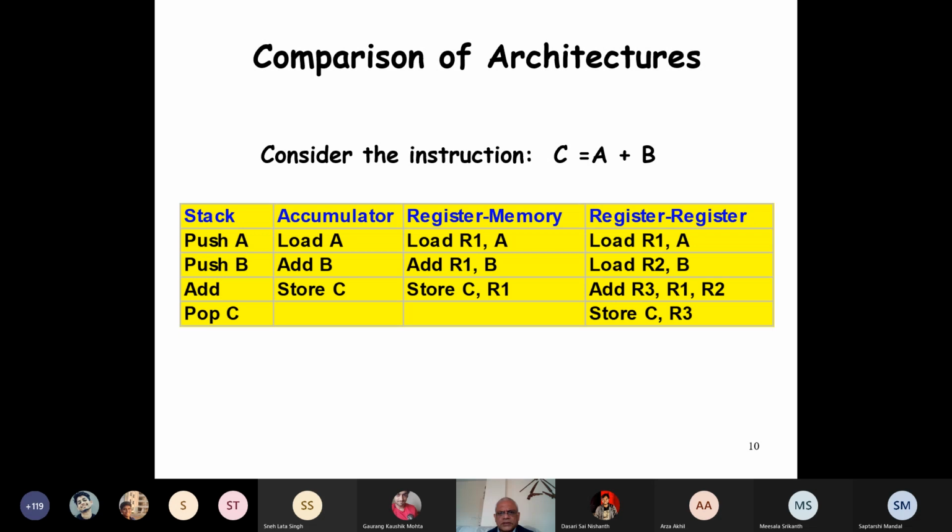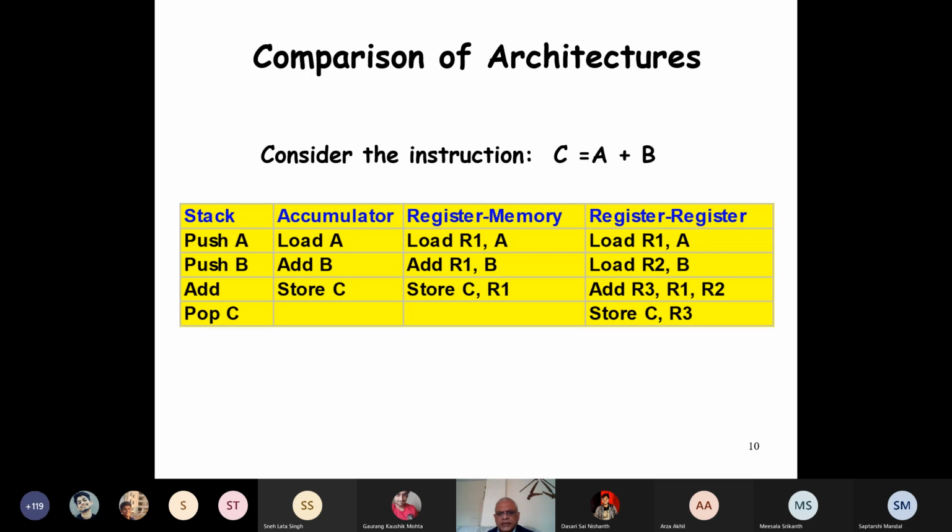So here you first load register R1 from memory A, then ADD, where one operand is in R1 and the other is in memory, B is memory and R1 is the register, and the result is produced in R1. And now you store R1 back into C.